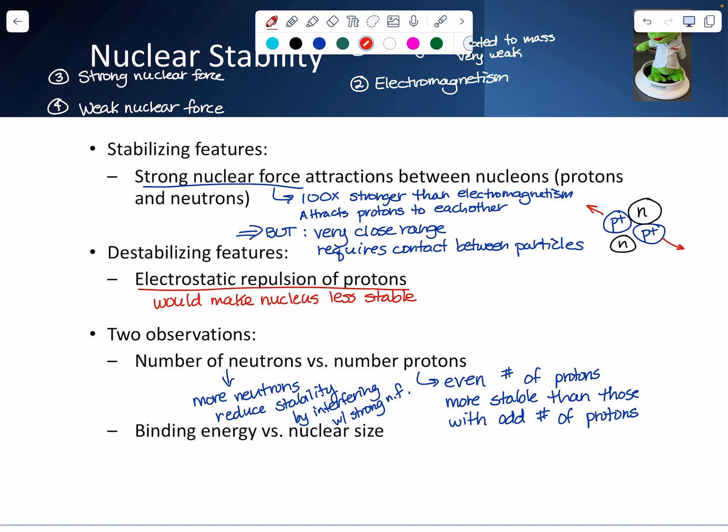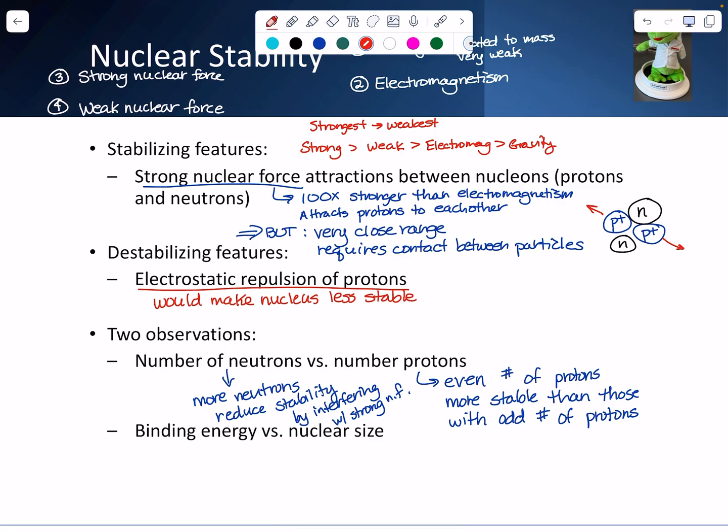If we go from strongest to weakest, it would be the strong nuclear force, the weak nuclear force, electromagnetism, and then gravity. That's how we'd rank our forces of nature.